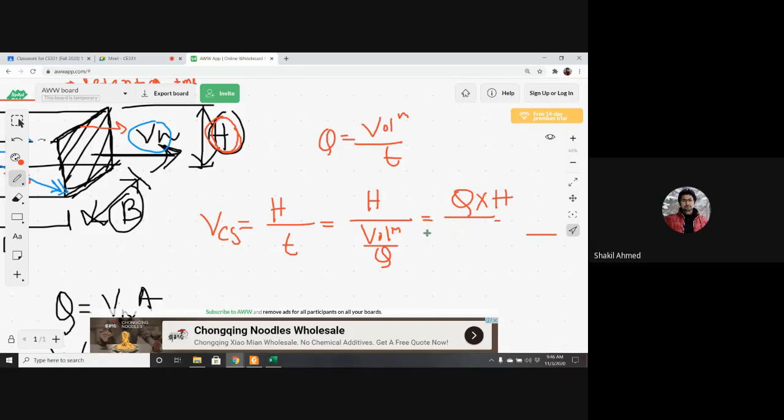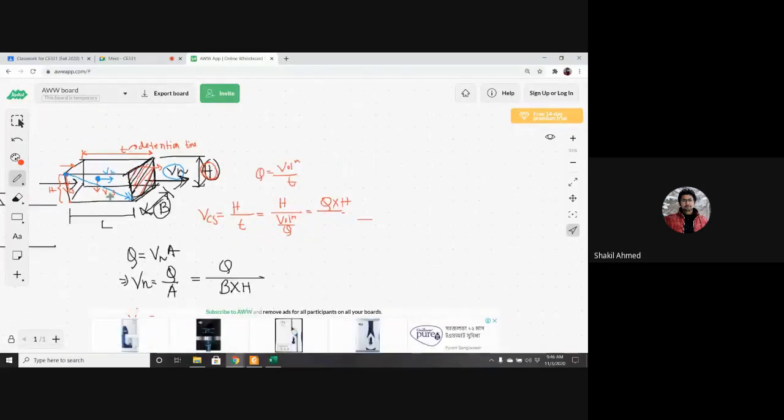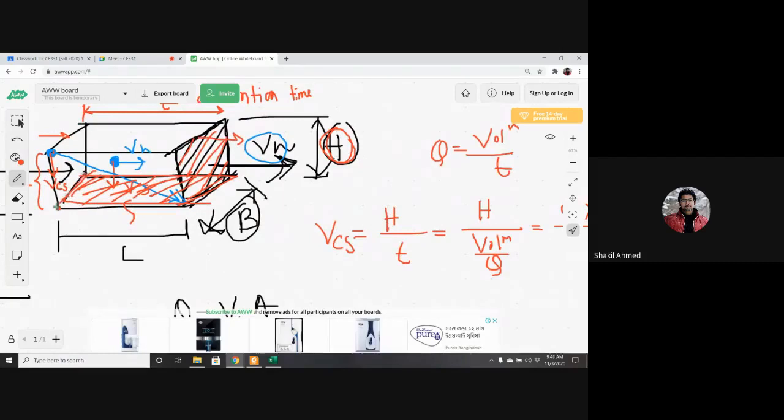What is volume? Volume is the cross-sectional area into the length. This is the cross-section area, and this is the surface area.